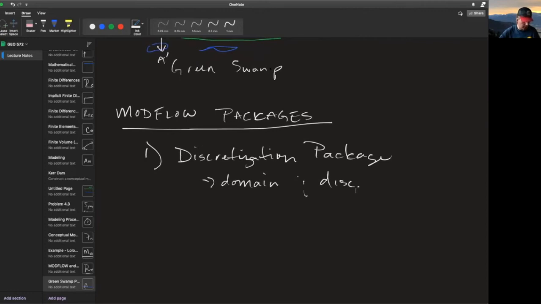We need to discretize the domain, and discretize space and time.